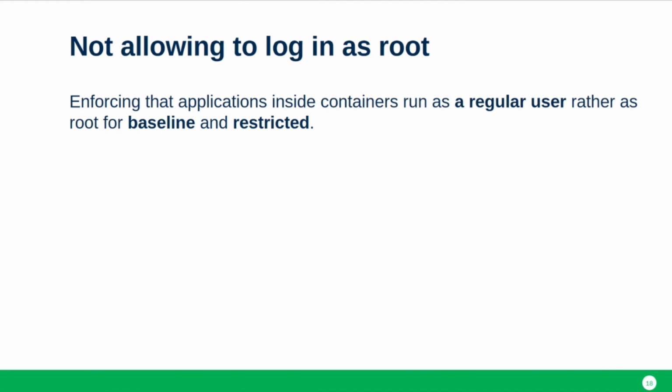The purpose of that would be enforcing people to define a custom user inside the Dockerfile if they are just trying to run some traditional application, because being root inside a container is still a risk. So yeah, that's something to try out.